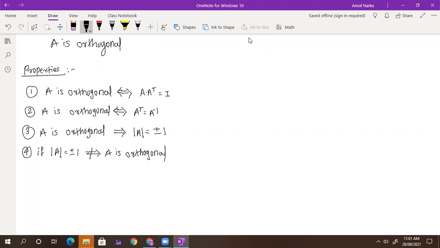Do you understand the difference between third and fourth? Yes or no? Yes, sir. Okay, and the last and fifth one: if A is orthogonal, then A inverse also. Suppose your matrix A is orthogonal, then your A inverse, which is nothing but the transpose, is also an orthogonal matrix.